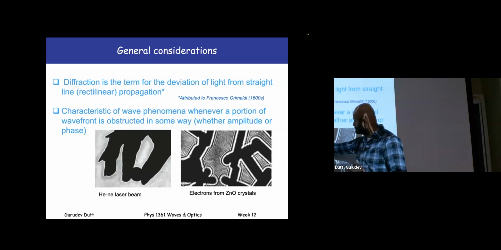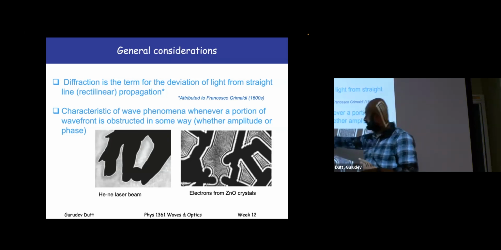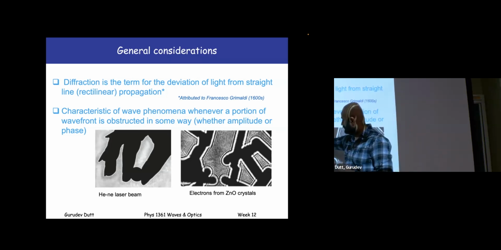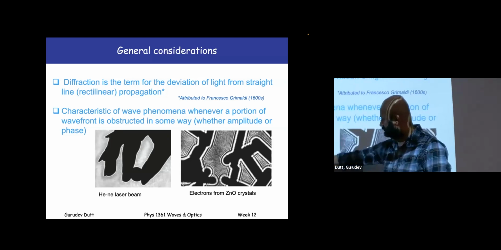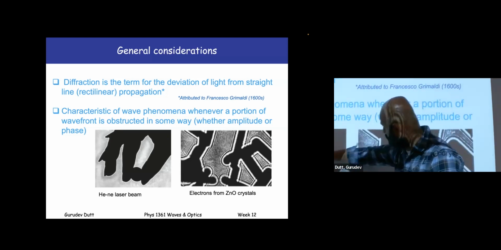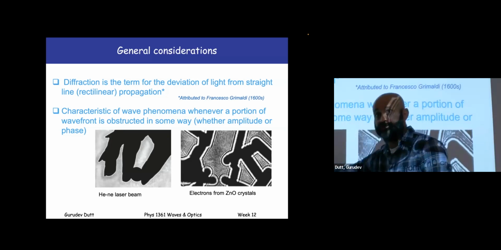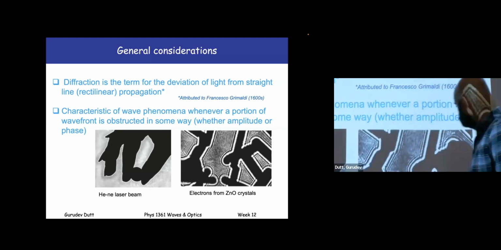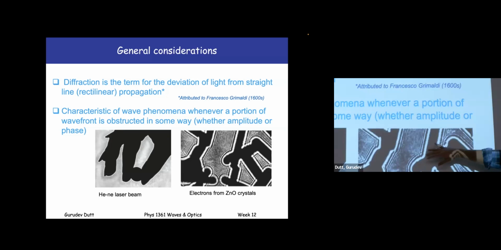So this is an example here. I don't know if you can see it; it's kind of visible to me, but I'm not sure somebody sitting in the back could see it. This is a laser beam which has been expanded, and this hand with the coin is blocking the laser beam. If you look very closely, right here and here, you can see some fringes. Those show up much more clearly here, for example.